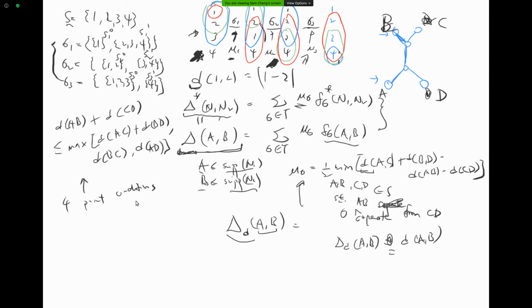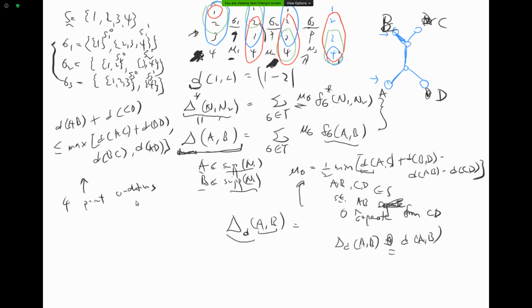Actually, I'm not going to show it here, but the 4-point condition is a necessary and sufficient condition for your distance metric to be additive.